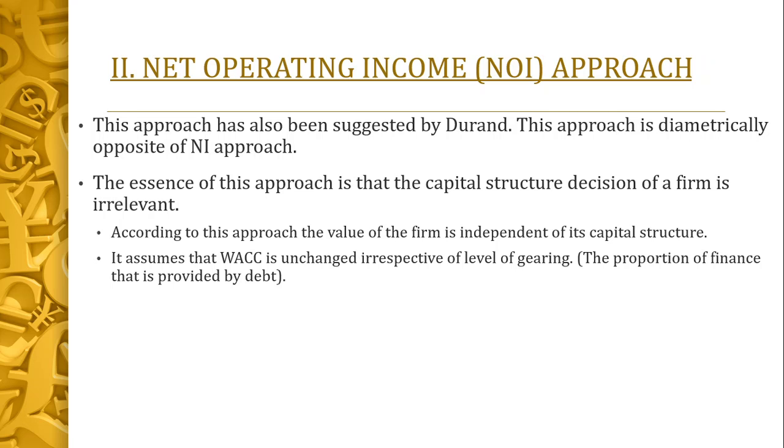Degree of leverage simply means there would be an increase in the debt portion. So, the weighted average cost of capital tells that irrespective of the level of gearing, it will not have any effect on the capital structure decision or, for that matter, on the value of the firm.